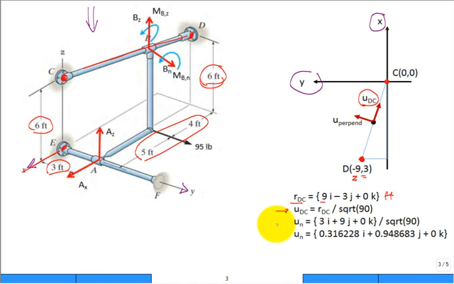My collar cannot support anything from sliding back and forth, but it's going to generate a force perpendicular to that line C to D or D to C. So I'm really interested in getting this perpendicular unit vector.